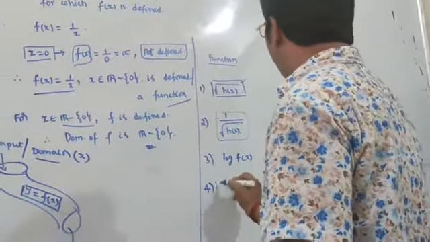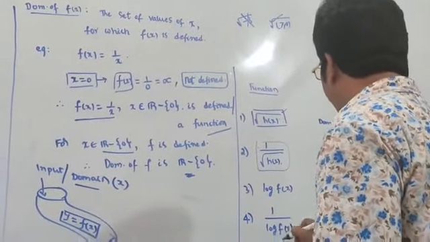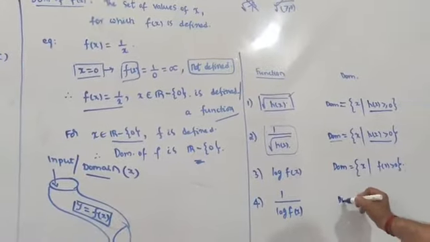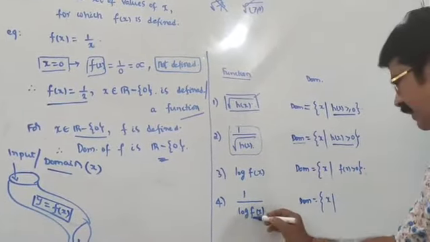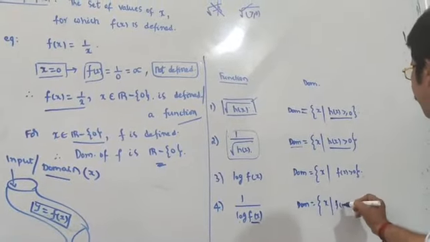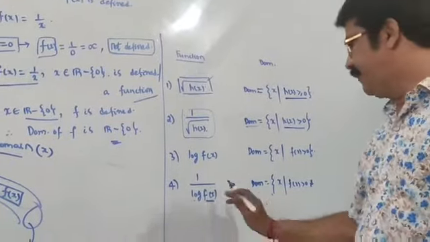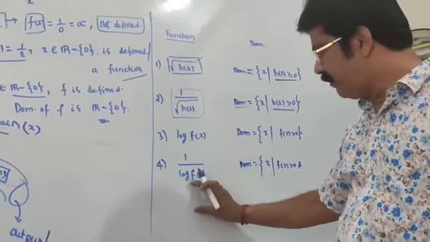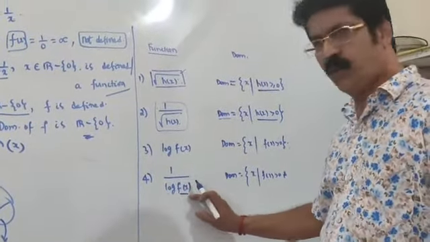Next, fourth one, 1 divided by logarithm of f of x. The domain is the set of x such that logarithm of f of x should be positive, and one more thing: if f of x equal to 1, then log 1 equal to 0, then 1 by 0 is not defined.